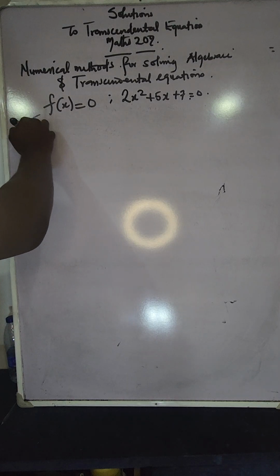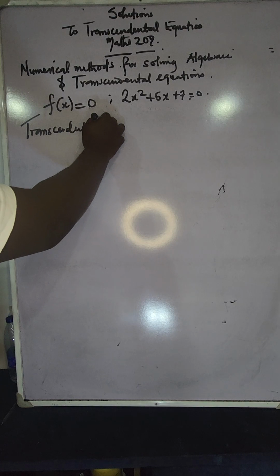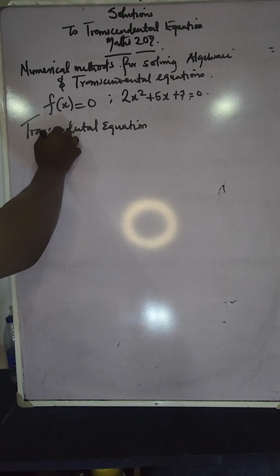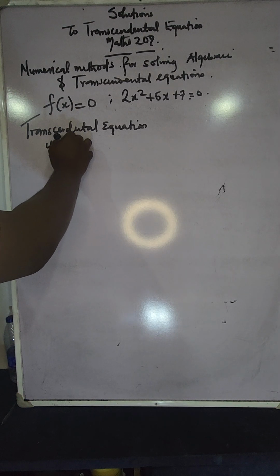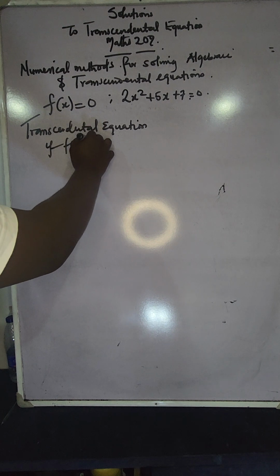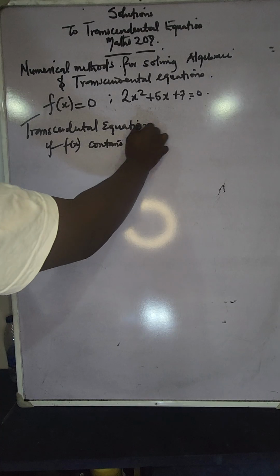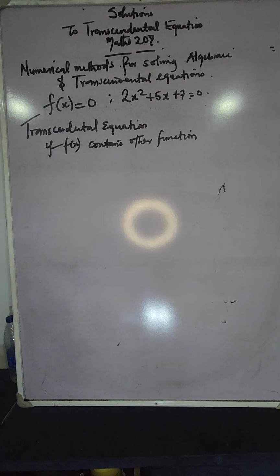And we find out that a transcendental equation may consist of other functions. If f of x contains other functions, then we can call it a transcendental equation.